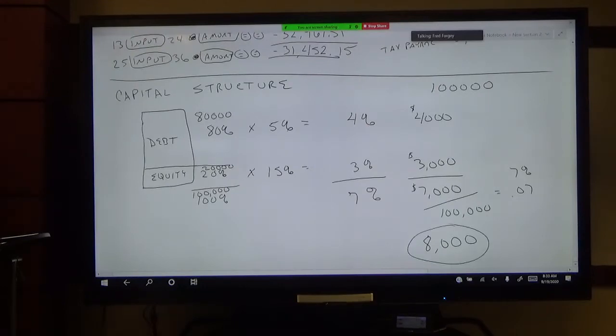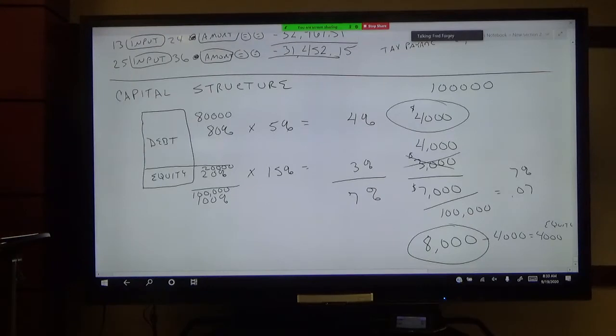So assuming it goes up to $8,000, we have to pay off our debt first, right? So we pay off our debt, we subtract out $4,000, that leaves us now with $4,000 for our equity. Well, we're replacing the $3,000 with $4,000.